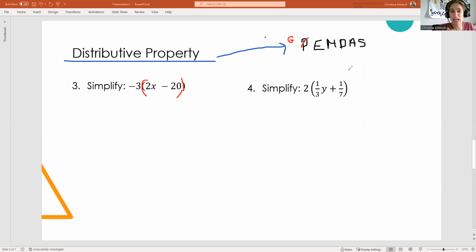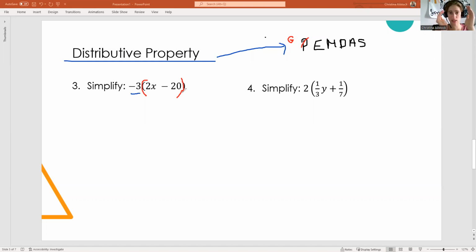When we're not able to actually do the addition or subtraction inside the grouping symbol, we can use the distributive property instead. And the distributive property tells us that we're going to distribute, aka we're going to multiply. So if we look at our problem here, we have a -3 right outside the parentheses.